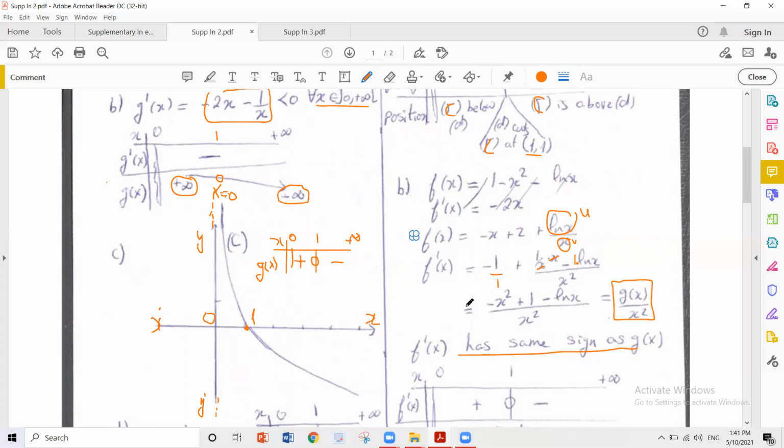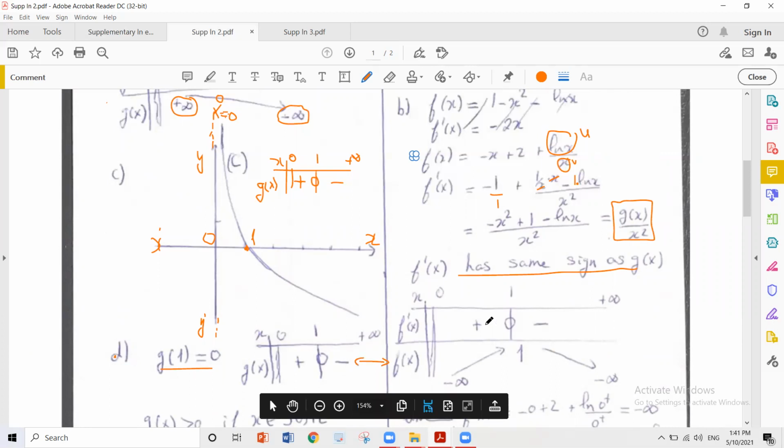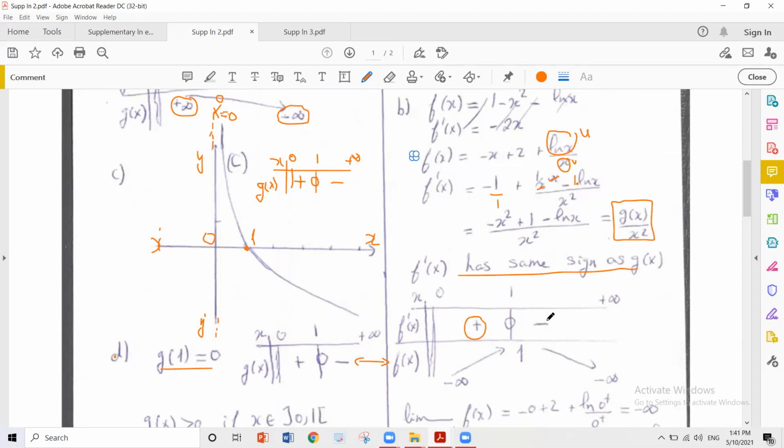The sign of g(x) between 0 and 1 is positive, so f prime takes the same sign as g. This is g. Between 0 and 1, it is positive. Between 1 and plus infinity, it is negative.